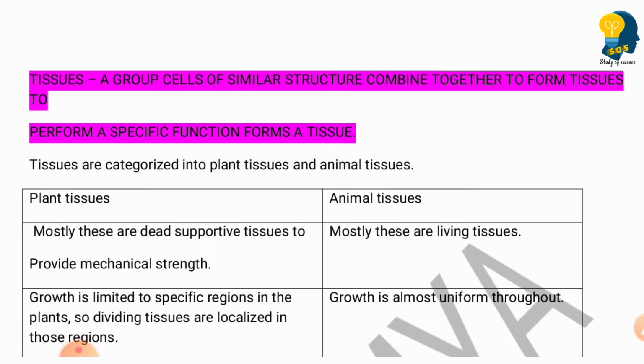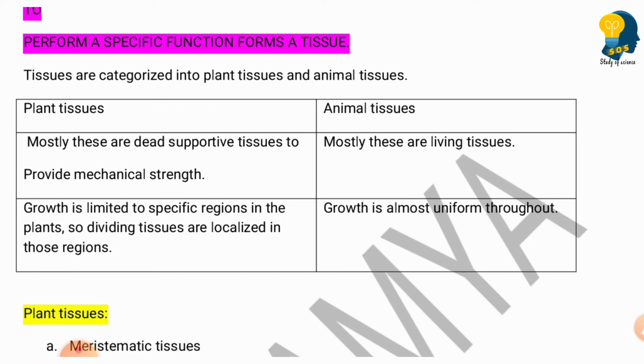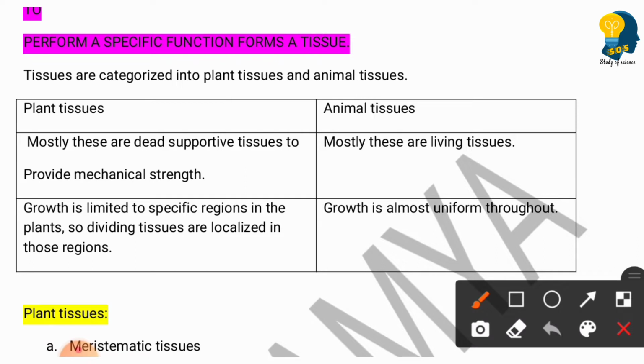Okay, now let us talk about the differentiation between plant tissues and animal tissues. Most of the plant tissues are dead supportive tissues and they provide mechanical strength. Clear?